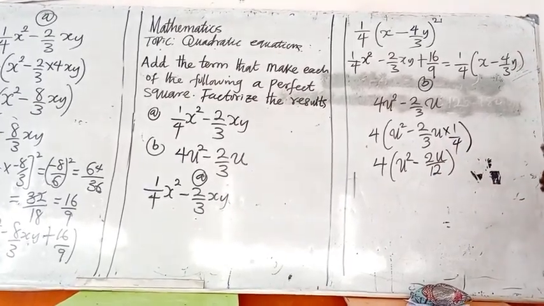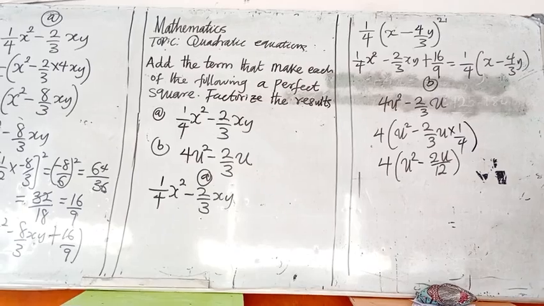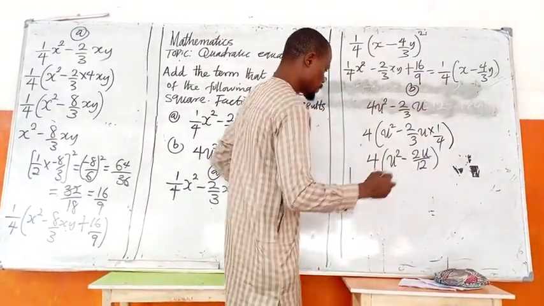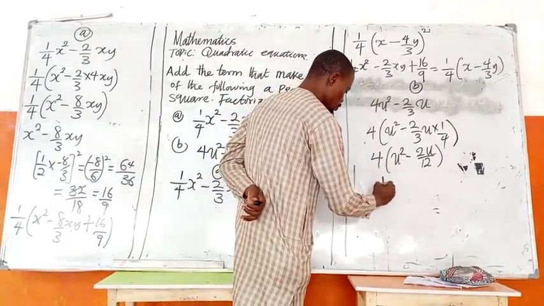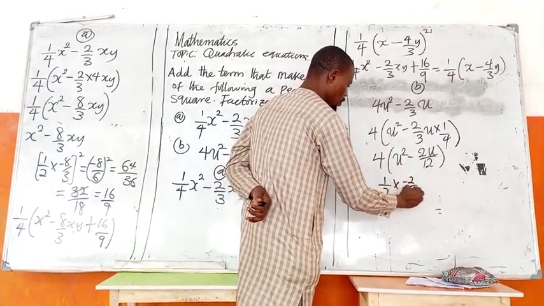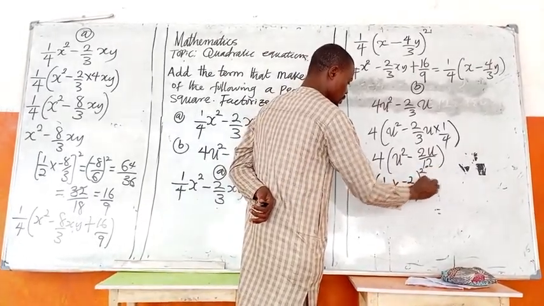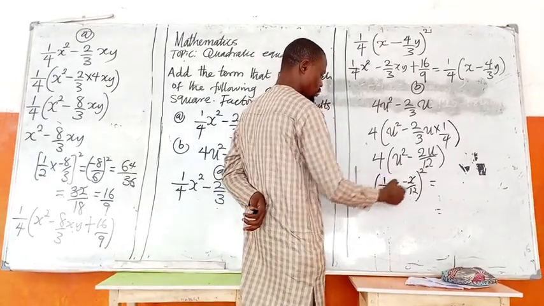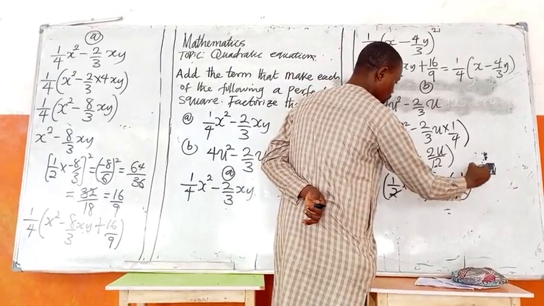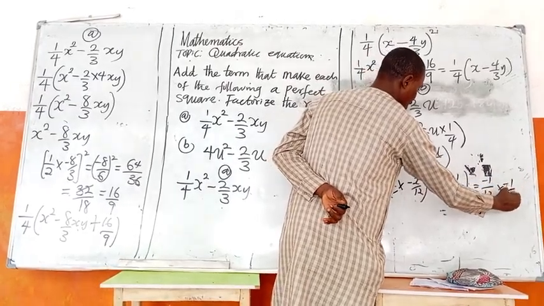So now what am I going to do? I have to find what can be added to this to make it a perfect square. So remember our formula, we have 1 over 2 multiplied by this coefficient here, minus 2 over 12, then all squared, which is, 2 cancels 2, we have minus 1 over 12, all squared, which is equal to minus 1 over 12 times minus 1 over 12.